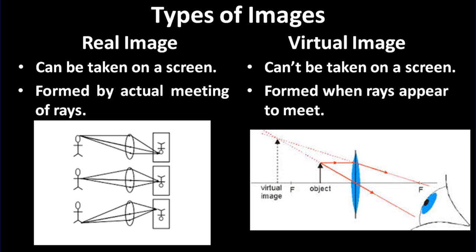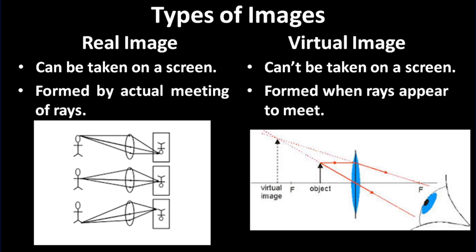You see in this example, the object is kept near the lens. The rays coming out from the lens are not actually meeting, but they appear to meet at a point behind the object. Such kind of image is called a virtual image.